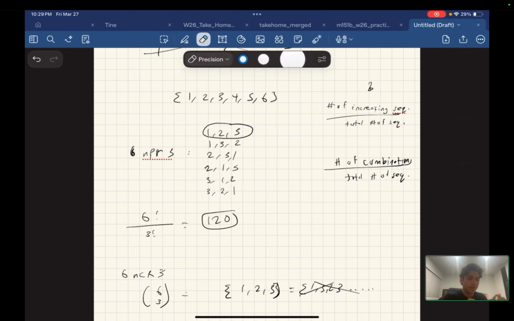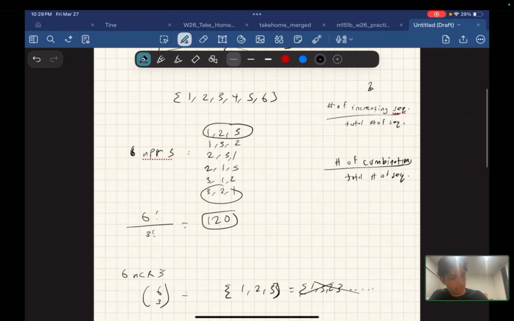And what we're trying to find for this question is one permutation exactly, the one where they're all increasing. We could have said all decreasing as well, and that would have worked too, the number of decreasing sequences over the total number of sequences. That would have been the exact same question, because now we just care about this permutation instead of that one. I'm trying to hammer the whole point, because that's the whole point of this question, because the rest of it is just simple arithmetic.